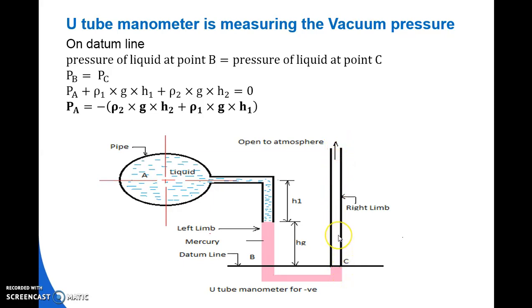Unlike in the positive pressure measurement, where the height of mercury was measured in the right limb, here the mercury will be found in the left limb, and that height of mercury is equal to Hg, or H2. The height of liquid in the left limb is H1, and rho 1 is the density of the liquid in the pipe.